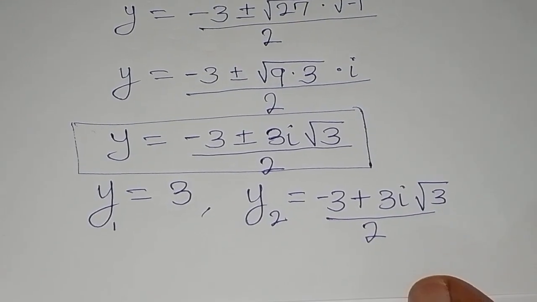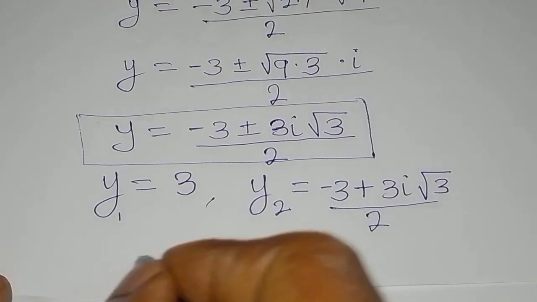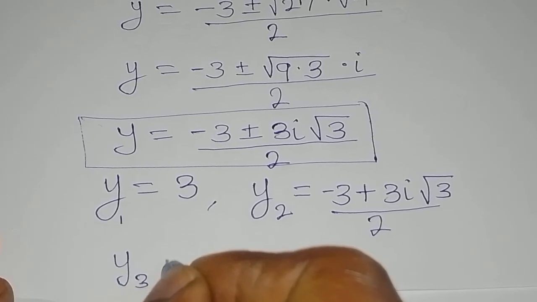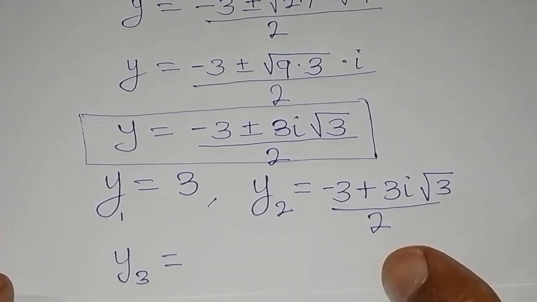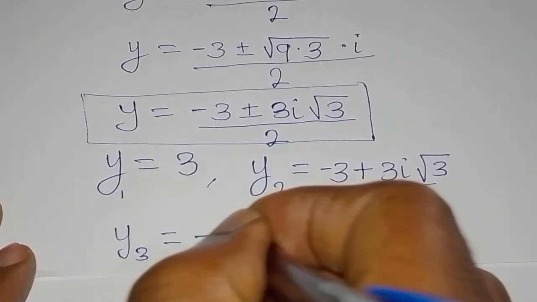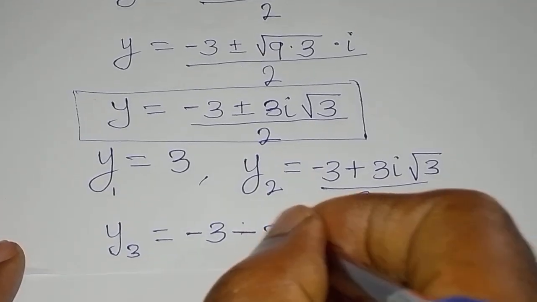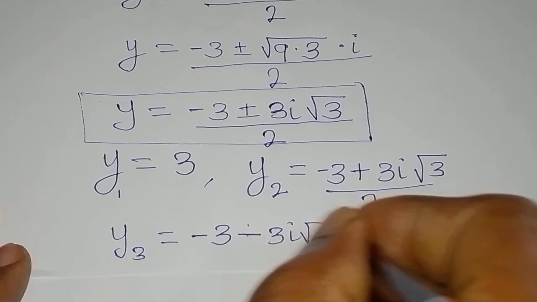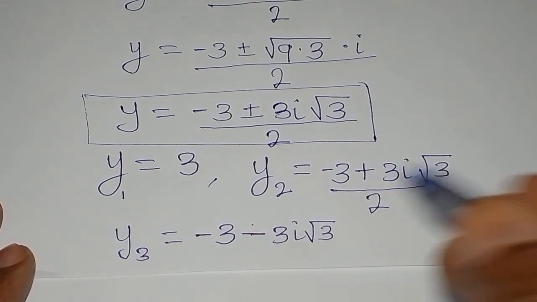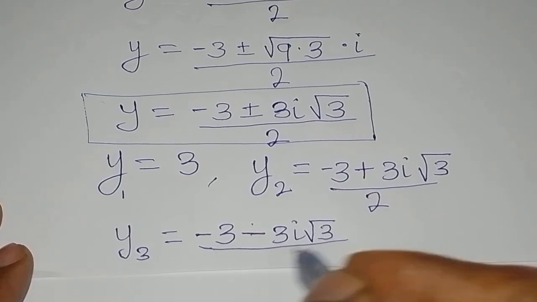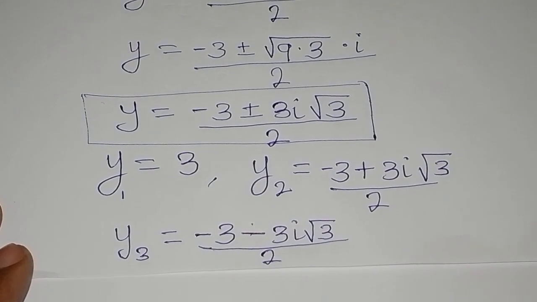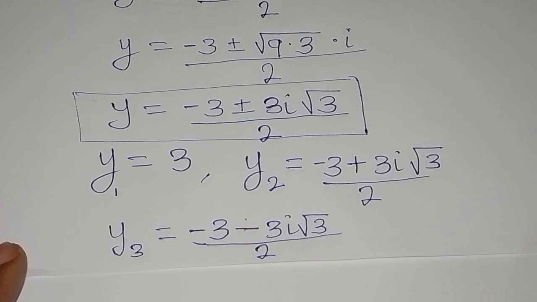This is the second solution. Then the third solution, y3, is equal to minus 3 minus 3i root 3, as we divide all through by 2. So we have the 3 solutions already.